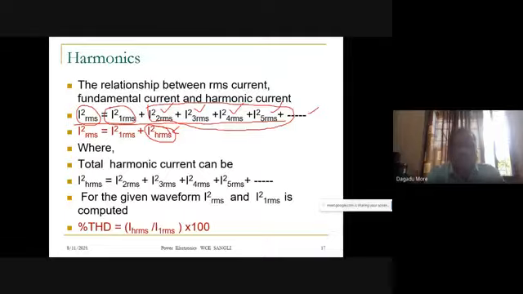Is it clear now? We have a relationship between three currents. What are these three currents?